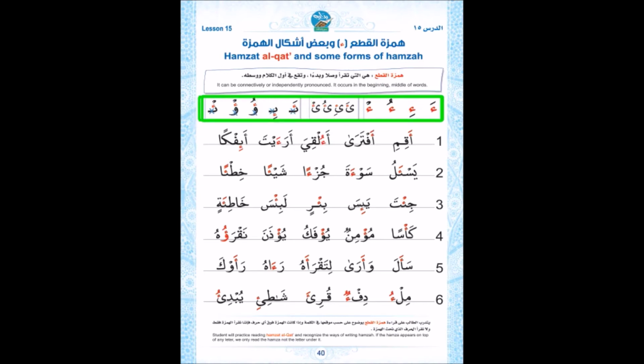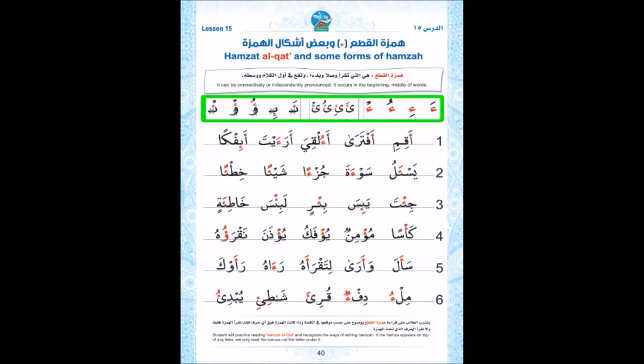And the last box, same exact sounds, Hamza is drawn on top of the Waw and on the small Nabra. So we have again A, I, U, A, I, U, A, I, U.